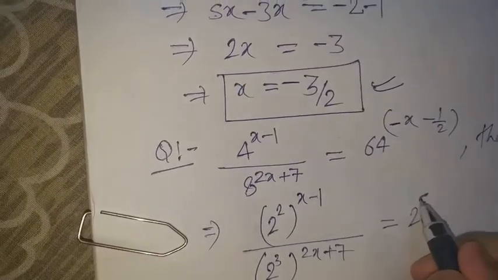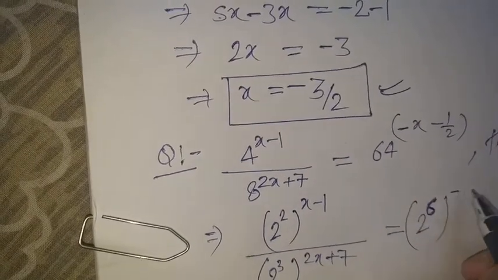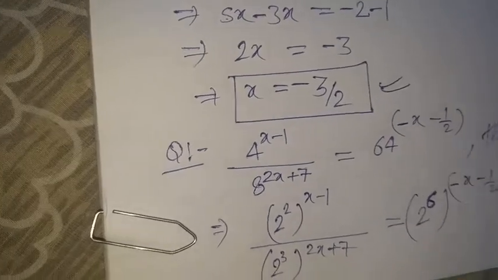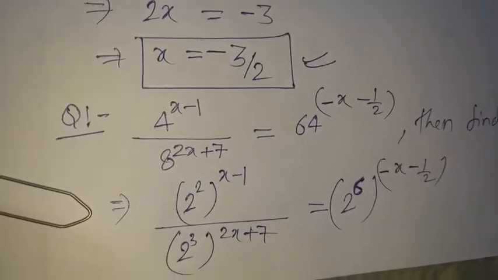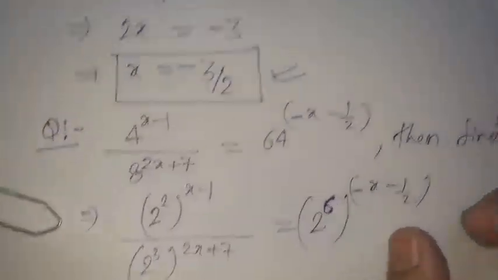I think 6. 2 to the power 6 whole to the power minus x minus 1 by 2. Now both sides are converted into the lowest base, that is 2.